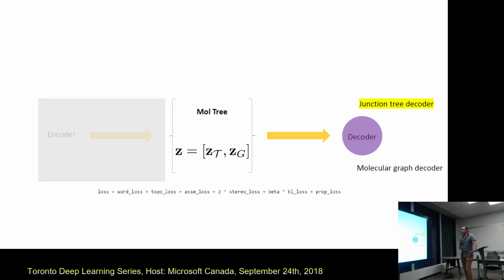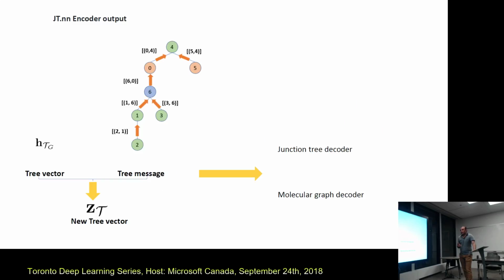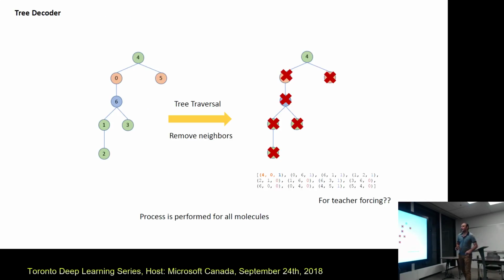So we have to deal with the decoder now. We start with the junction tree decoder. How do they use the decoder?